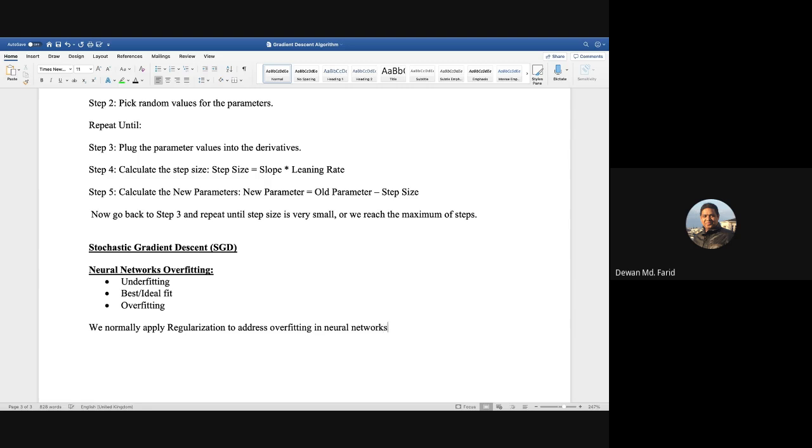Is it clear? Yes, sir. So we apply regularization to deal with the overfitting problem.